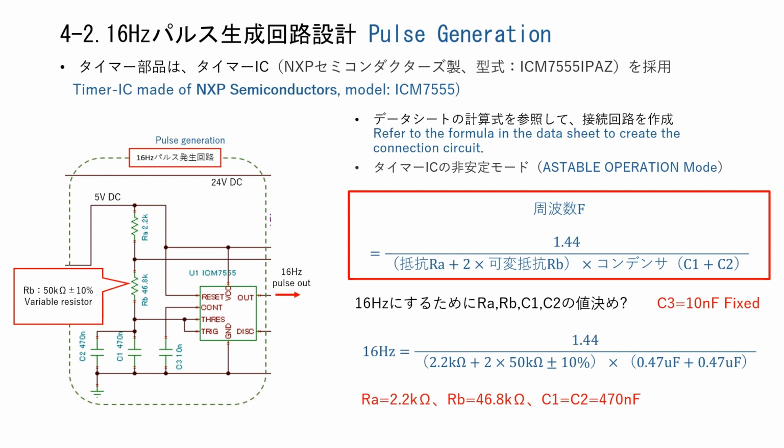The circuit is as follows. Resistors: RA equals 2.2 kilo ohm, RB equals 50 kilo ohm variable resistor. Capacitors: C1 equals 470 nanofarad, C2 equals 470 nanofarad, C3 equals 10 nanofarad fixed.